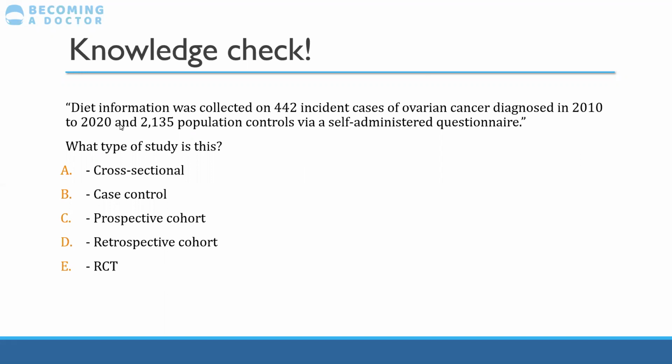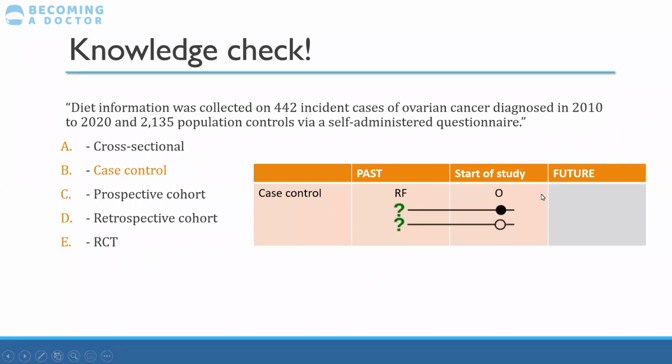So you're looking at 2020, so it's present time, and you're looking back in time. Yeah. So it would be a retrospective cohort if you were looking at a period of time which was completely in the past.